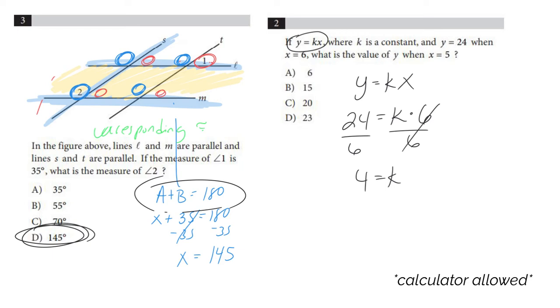So I have y equals kx. I have my 4, which is what I found by solving the equation. So now all we're asking is, what happens when x is equal to 5? So do the same equation, but instead of plugging in the original numbers, I'm going to find y. I'm going to use the 4 from the first time, and I'm going to plug in that 5. So 4 times 5, that's 20.